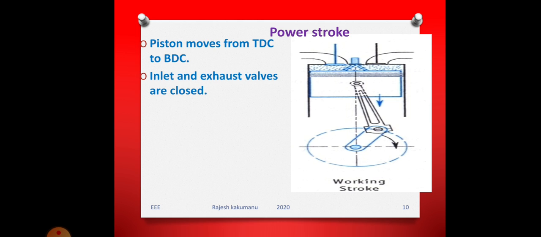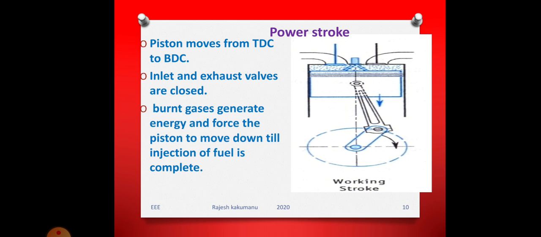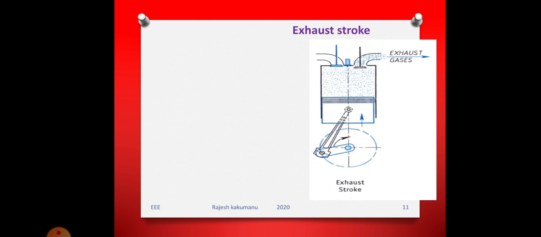The inlet and exhaust valves are closed, thereby the burnt gases generated from the fuel burnt in the compression stroke make the piston move downwards till the injection of fuel is complete. Until fuel injection is complete, it makes the piston move from top dead center to the bottom dead center. Next, the fourth one is the exhaust stroke.